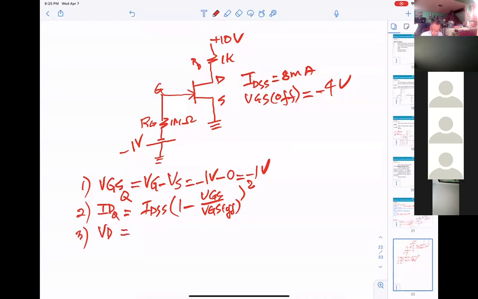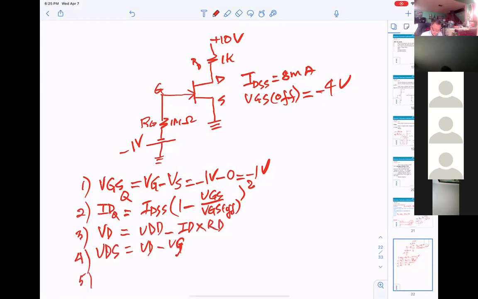VD will be equal to VDD minus ID times RD. And if they want to calculate the VDS, it is VD minus VS, okay? And we already know VS equals 0.